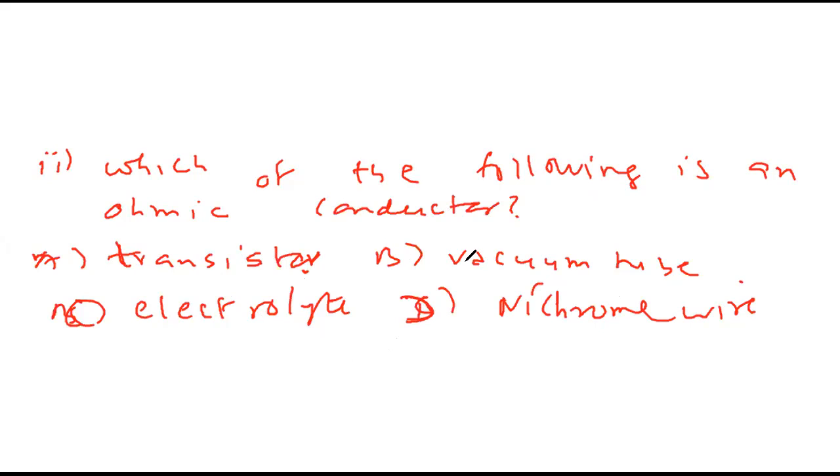Out of these four, which appears to be metallic wire? Nichrome wire. So this is the answer, nichrome wire, because the others are odd ones out. Transistor is semiconductor, vacuum tube is also not metallic, electrolyte is ions, so only metal is this, therefore it is an ohmic conductor.